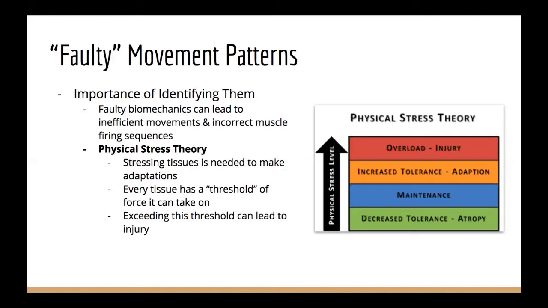Now, increasing that tolerance will, of course, provide adaptations, and that requires some level of stress. Where it becomes a problem is where you overload the tissue, and with faulty form, you can do this, overloading the tissue and causing injury at some point. So these are the two reasons we wanted to talk about why it's important to identify faulty movement patterns.